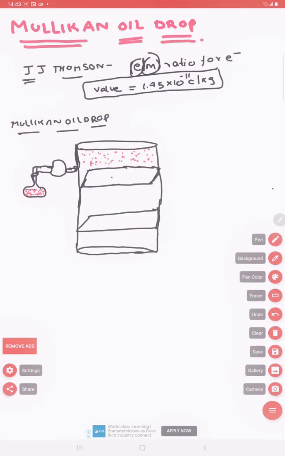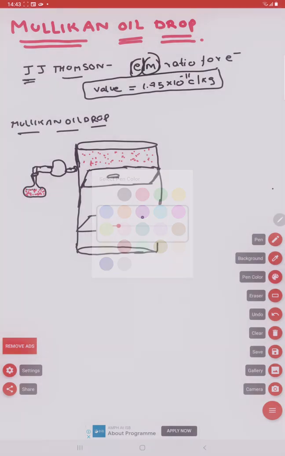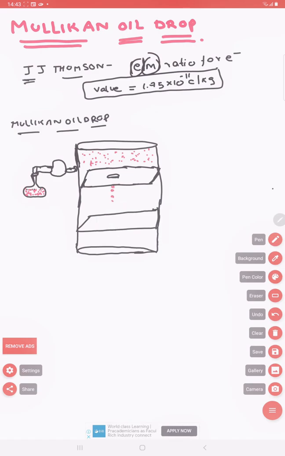I have already kept one hole, an imaginary hole. Next, this is positive and this is negative.